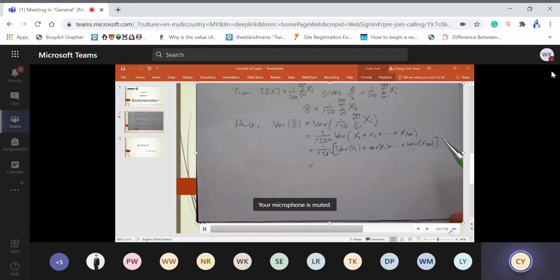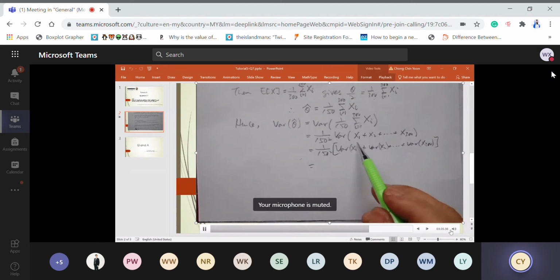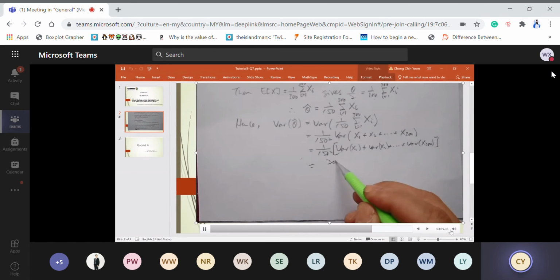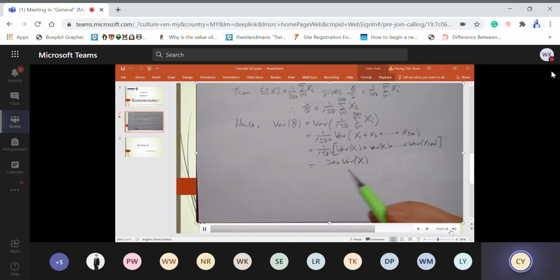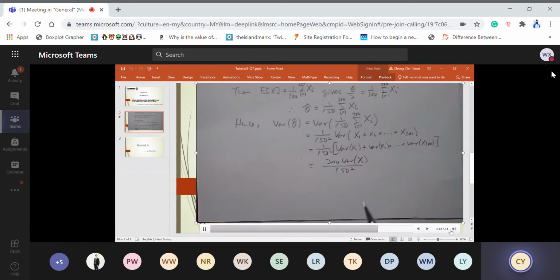And since all the random variables x are identical, therefore they have the same common variance. So the result of this becomes 300 times the variance of x, divided by 150 squared.